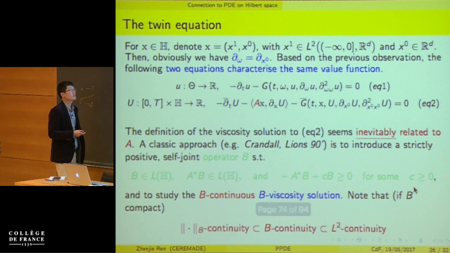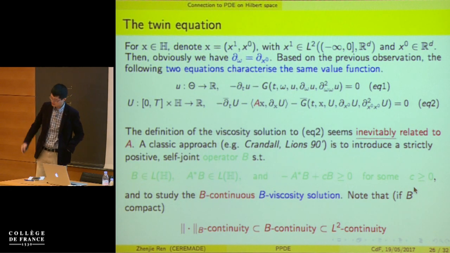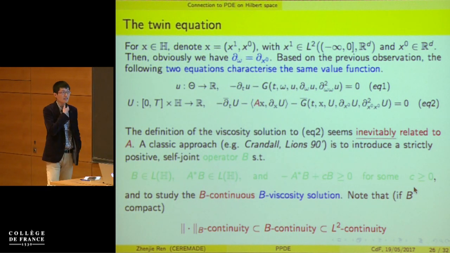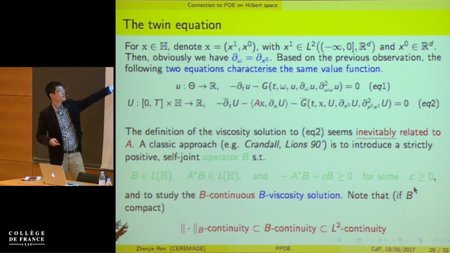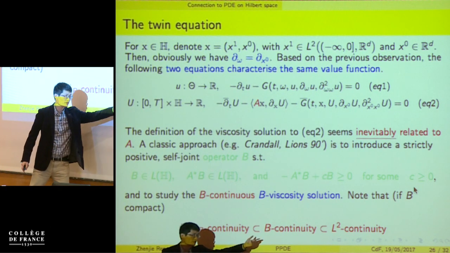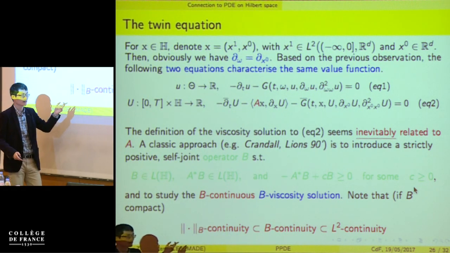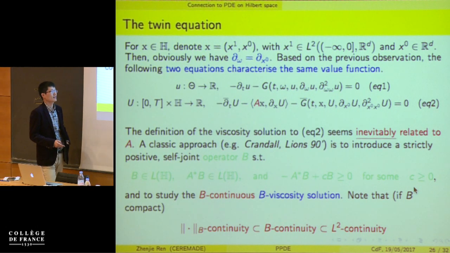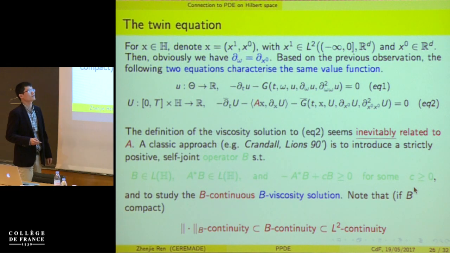Since B is a strictly positive and self-adjoint operator, we can introduce a B norm from the norm on the Hilbert space. And if the B operator is compact, then B continuity is a sort of regularity between the L2 continuity and the B norm continuity. This is not so important for this talk. Just to remind you of that.